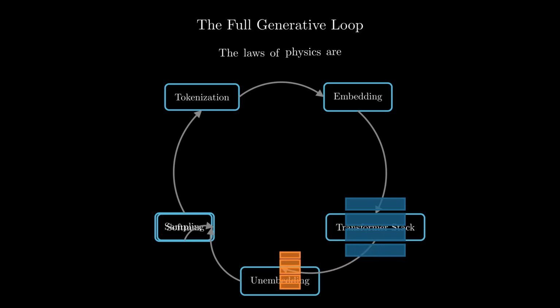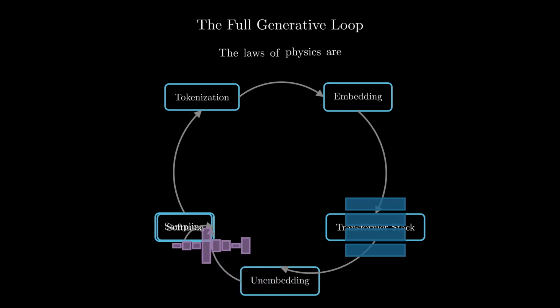Now, how do we get from this processed vector back to a word? That requires two final steps. First, unembedding. The output vector is multiplied by a special unembedding matrix. This projects our vector from the model's internal size back out into a very large vector, with one entry for every single token in the model's vocabulary. These raw, unnormalized scores are called logits.